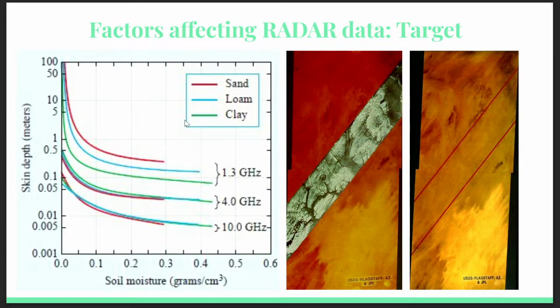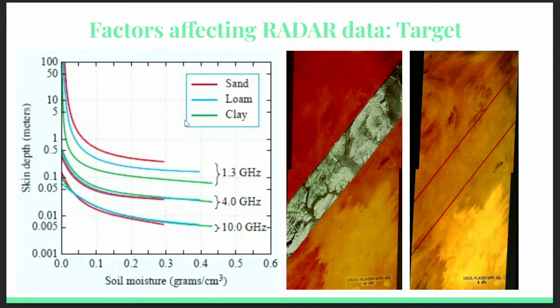So this talks about how much of the soil the sensor, the microwave, will be able to penetrate and give us information on. For sandy soil, we are getting the highest, up to around 100-meter depth. We are able to go down and see whatever is there for this frequency range.